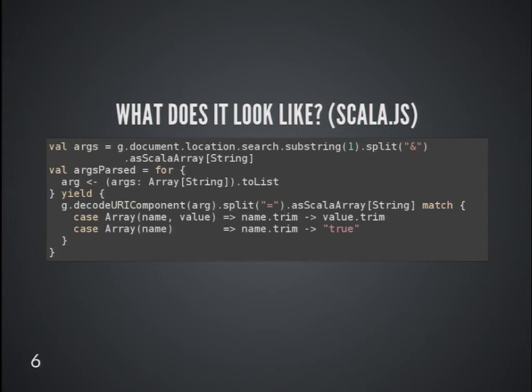Typo, it should be just args.toList. Inside that for comprehension, you can still use decodeURIComponent, which is a method of the global namespace. Use the same trick again, use pattern matching on the array deconstructor, and then use all kinds of things. Well, it's Scala, and it's JavaScript. You have both.